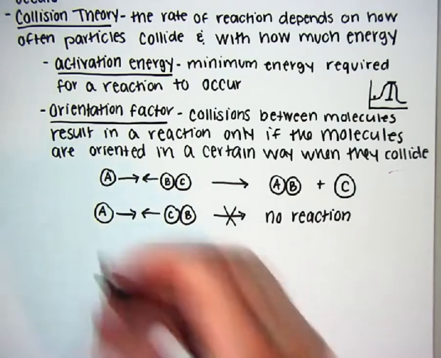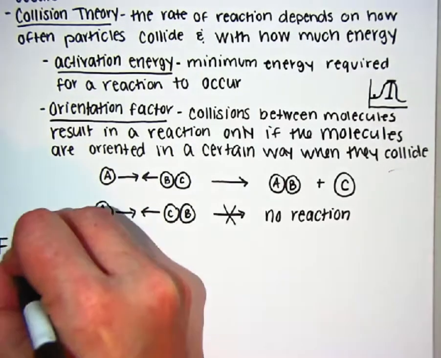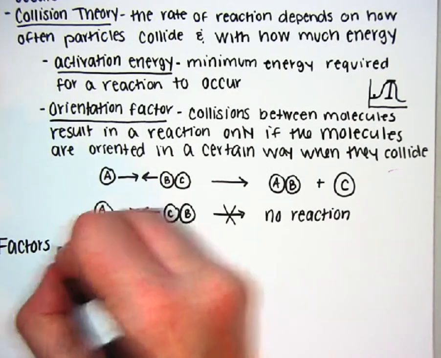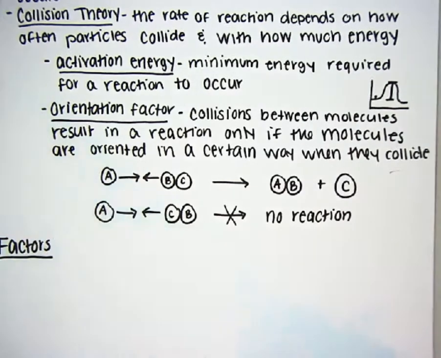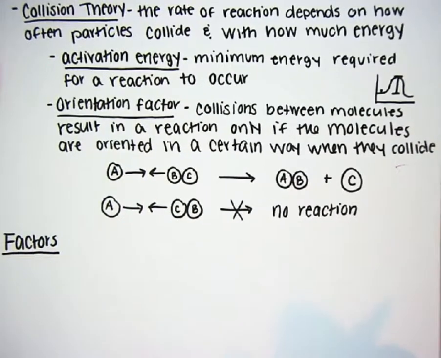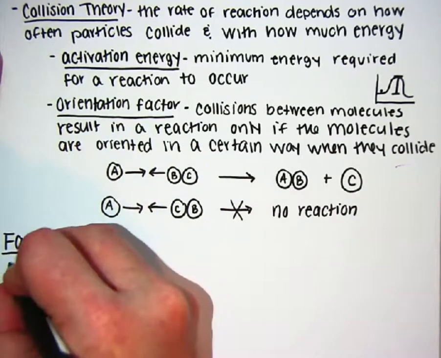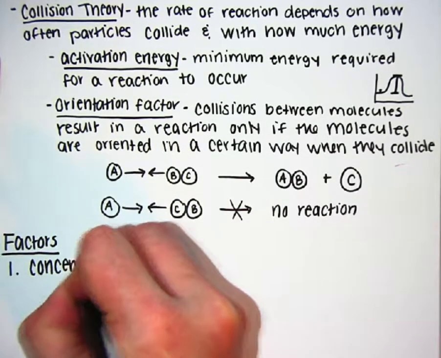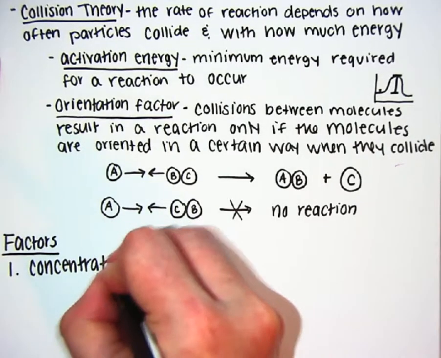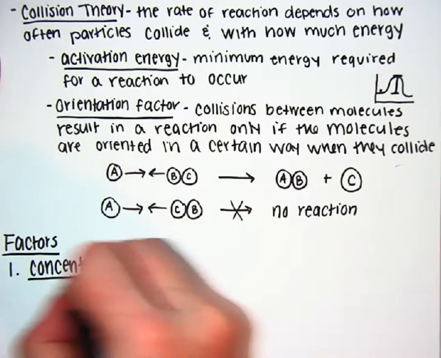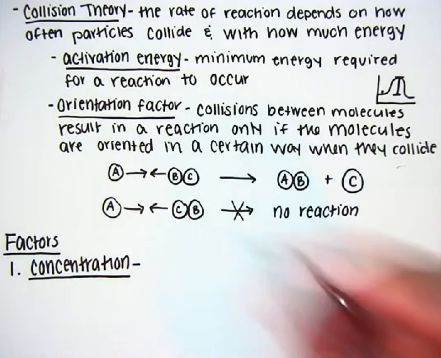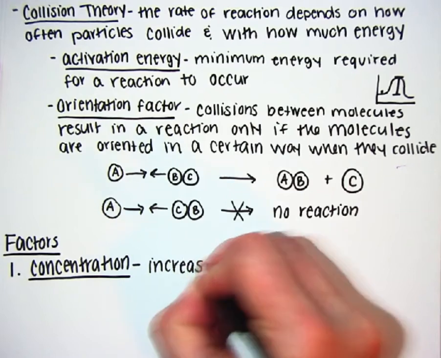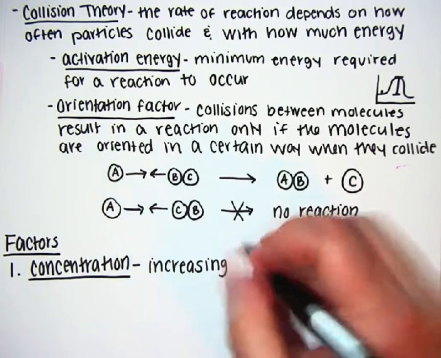Let's talk about the factors, and there's 5 of them. These are going to be our factors that affect reaction rate. Number 1, concentration. The trend for concentration is direct.